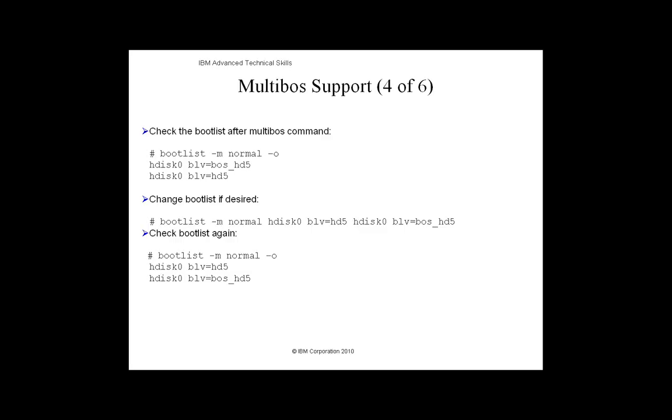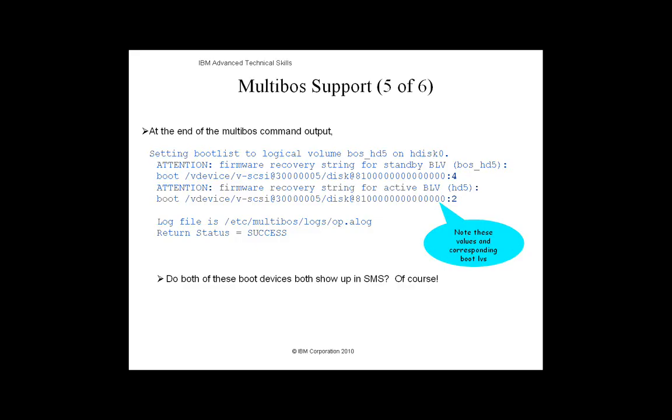You can look at the boot list again if you want, see the different order there. Now, these are 2 boot logical volumes, hd5 and bos_hd5. They need to show up as bootable devices in SMS, right? Of course. There would be no value to this if I couldn't boot from the standby copy, right? So how do I identify them?